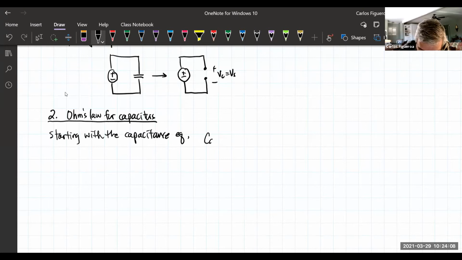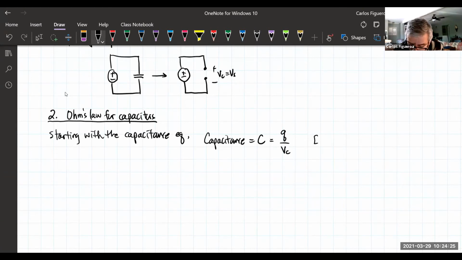We write capacitance as C, and this is equal to the charge of the capacitor divided by the voltage of the capacitor.